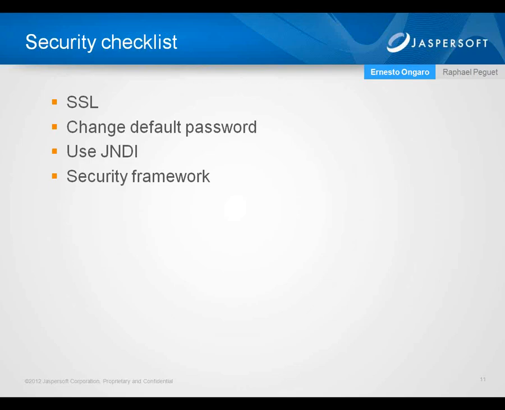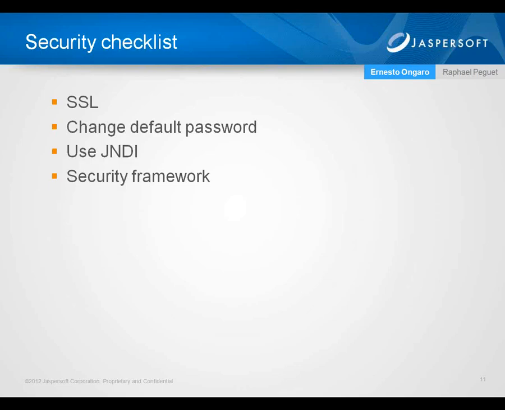Use JNDI over JDBC connection. By storing the JDBC connection into a JNDI file, you would manage better the connection to which database, and that will also ease the import-export.